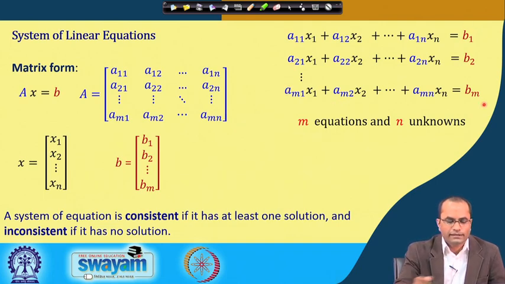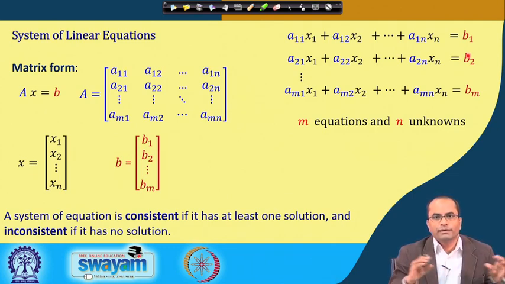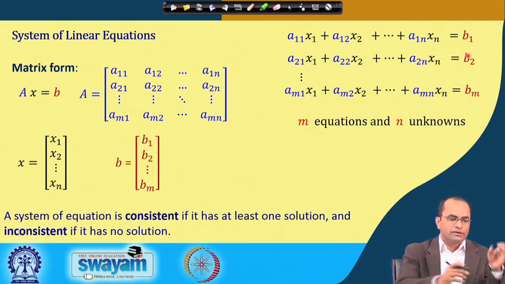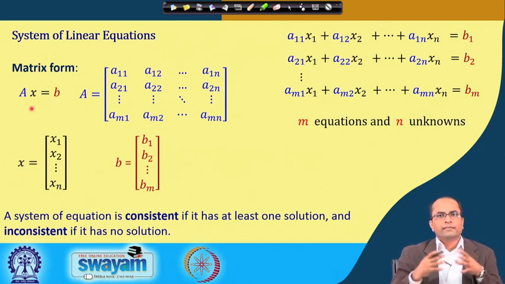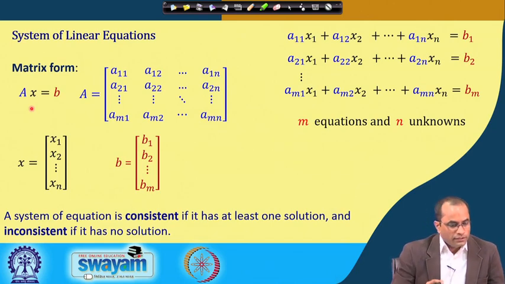Then we have the right hand side vector b, whose components are b1, b2, b3 and bm. Comparing each component, we get back to these equations. So, writing the system as Ax is equal to b is equivalent to the given system of equations, where in general we have considered m equations and n unknowns.